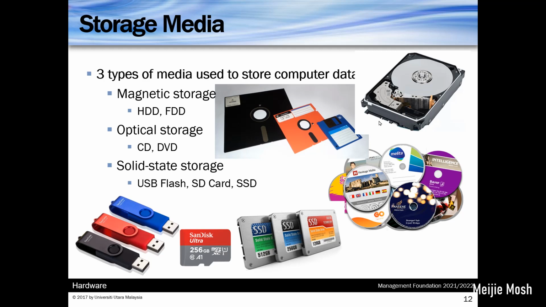Examples of solid-state storage devices are USB, or Universal Serial Bus, flash drive or thumb drive, SD card, SD standing for secure digital, and SSD, which stands for solid state drive.